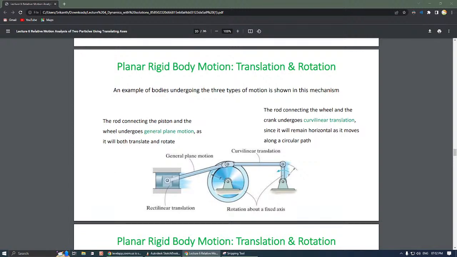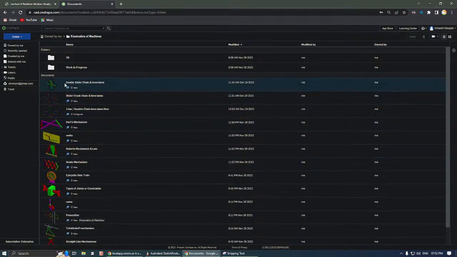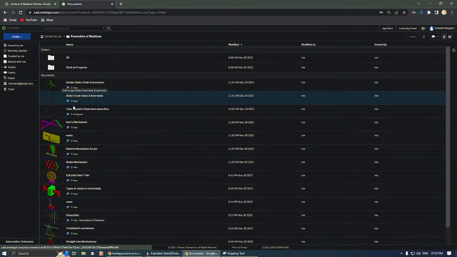Yeah. That is undergoing only pure translation, and here we have a rod which is rotating again. That as well can be called rotation about a fixed axis, right? So I had designed some mechanisms. Let me just show this to you.